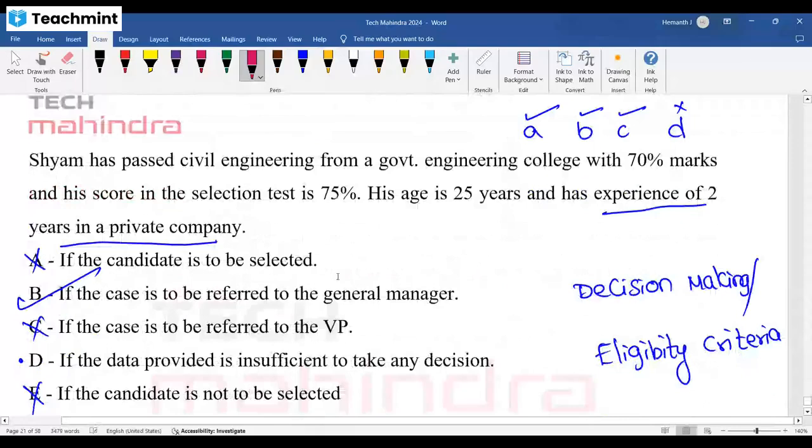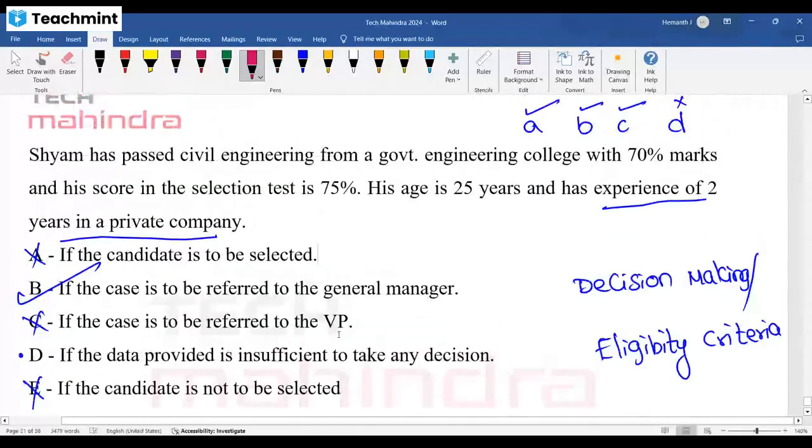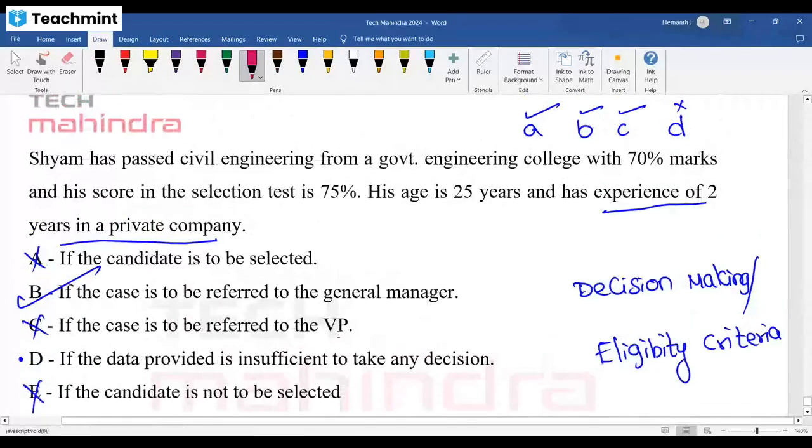If you go deep into things, it might be insufficient data to decide. Or if you take it in a lighter note, it will be refer to the general manager. Don't expect companies to give a key. In general, the answer is option B. If you go deeper into every point, they didn't mention he's not willing to pay. If they had mentioned he's not willing to pay, but he has 2 years' experience, we could go with D. So that's the thing.